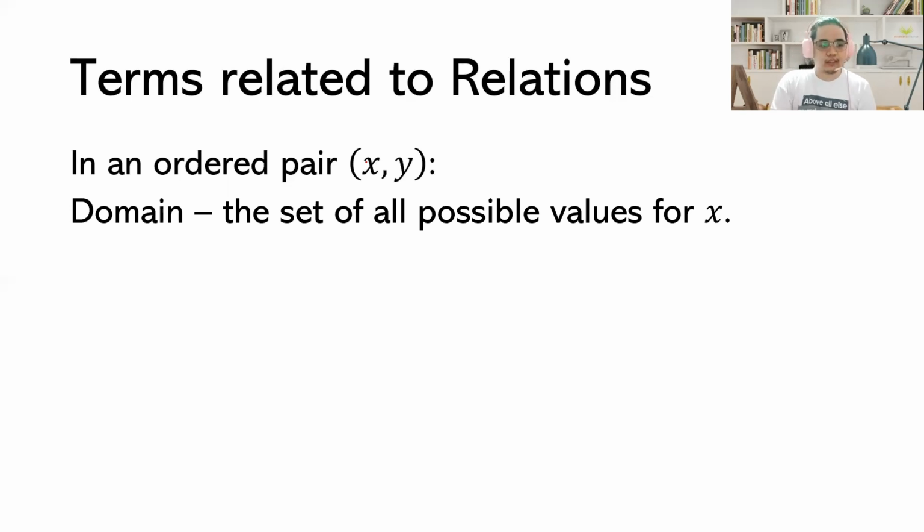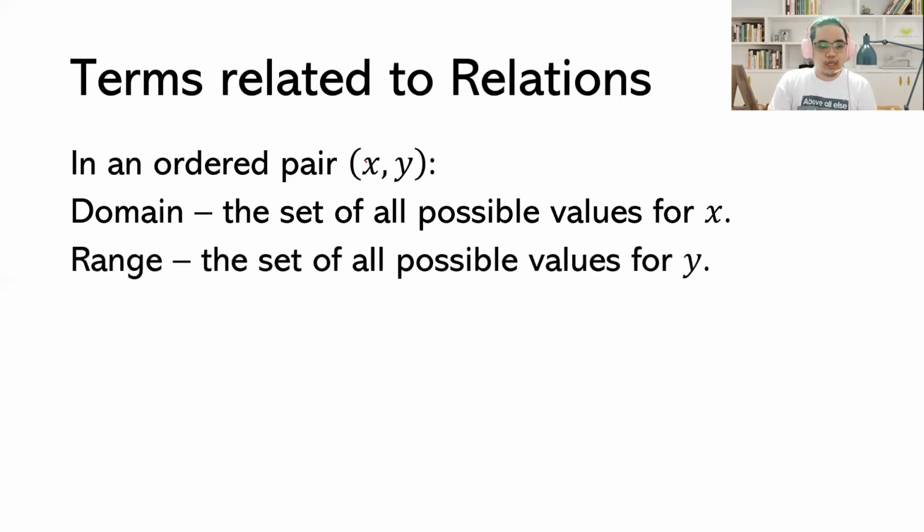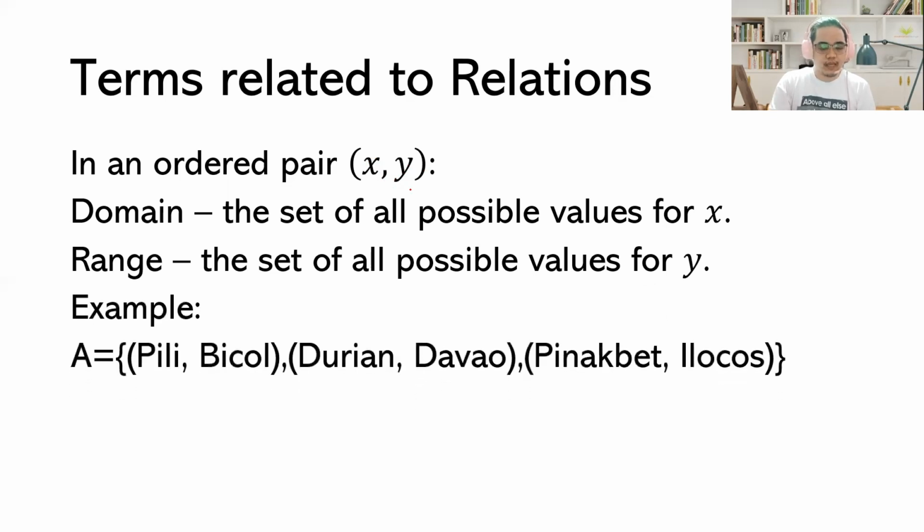And then we also have what we call the range. The range is the set of all possible values for Y, which are the second elements. To further explain, let's use the previous example.